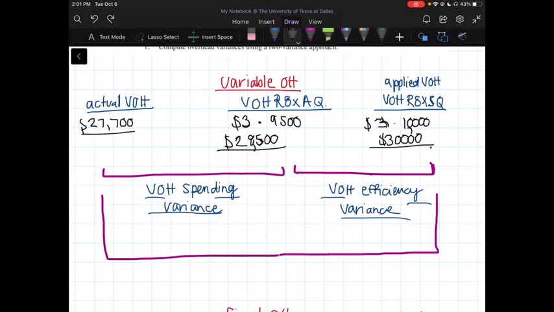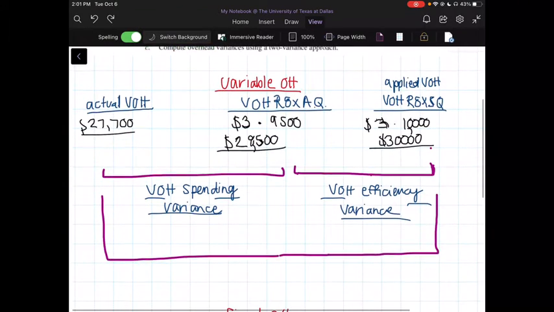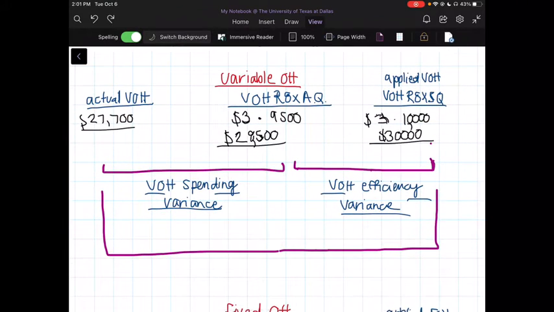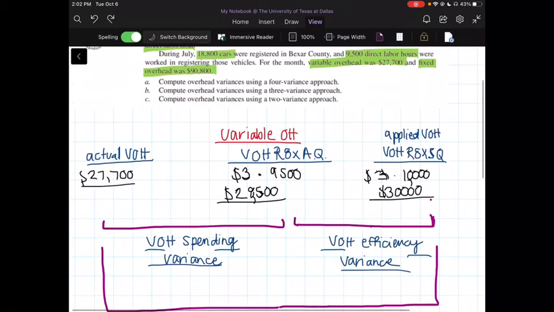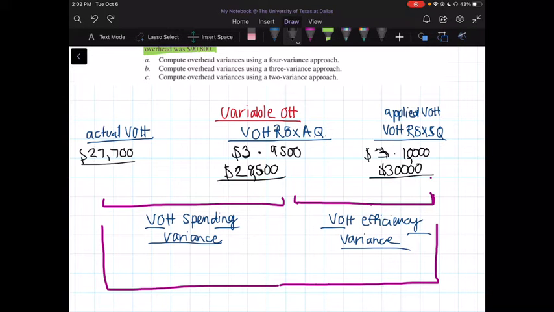Our actual variable overhead was given in the problem as 27,700. Next, our variable overhead rate multiplied by our actual quantity: I did the $3 that was given in the problem multiplied by the 9,500 direct labor hours, and I was able to get 28,500.